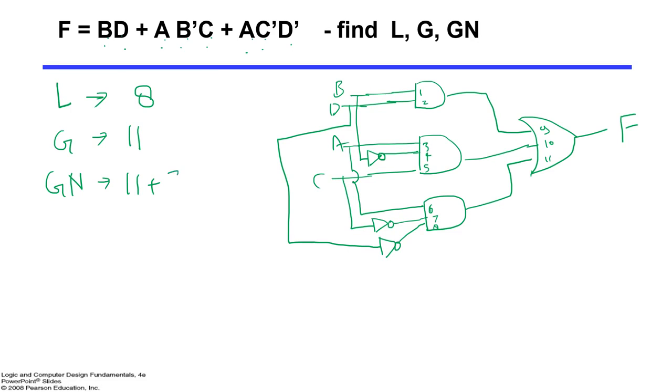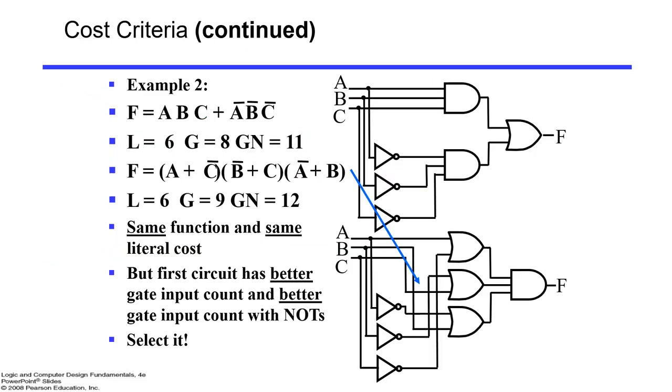So you will get 3, and it will be 14 for GN. Based on that you can calculate literals, you can calculate G, you can calculate GN, right? In that way you can compute the values for L, G and GN of any circuit.